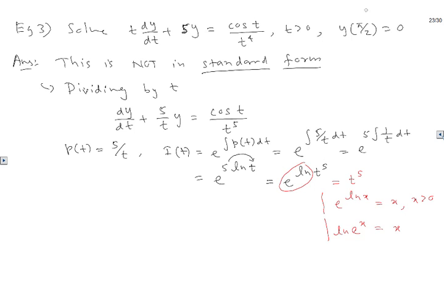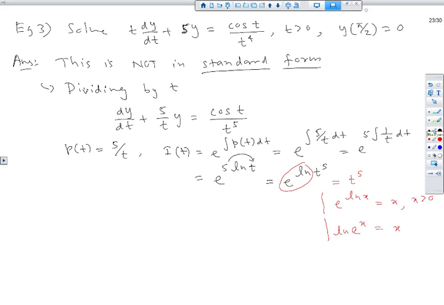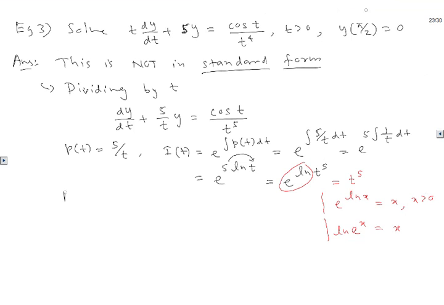Okay, that's interesting. Now what we do, multiplying by t to the 5th power, we're going to get t to the 5 dy over dt, plus 5 t to the 4th power y equals cosine t over t to the 5 times t to the 5.